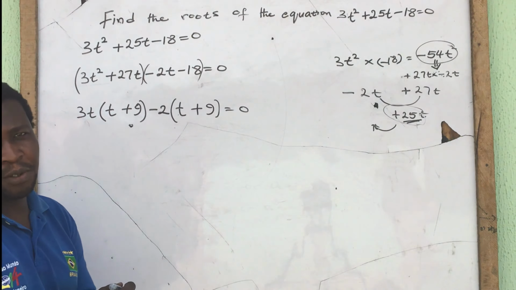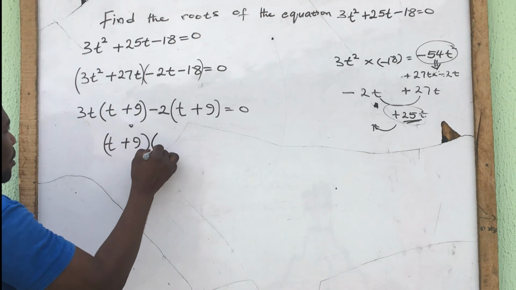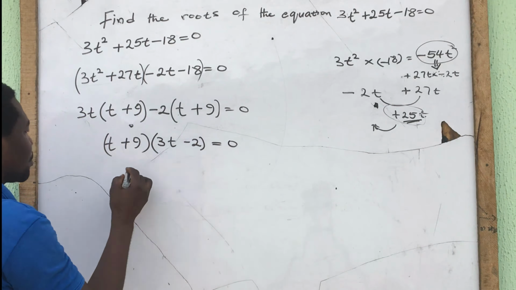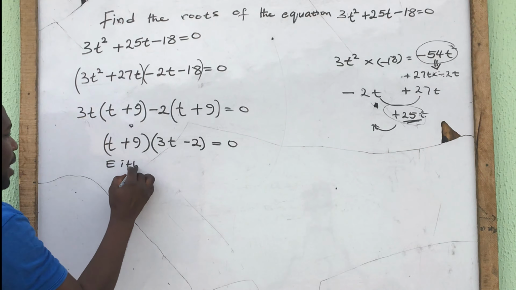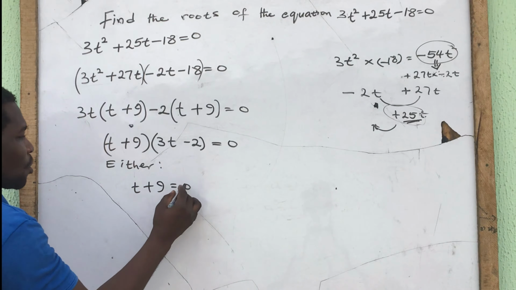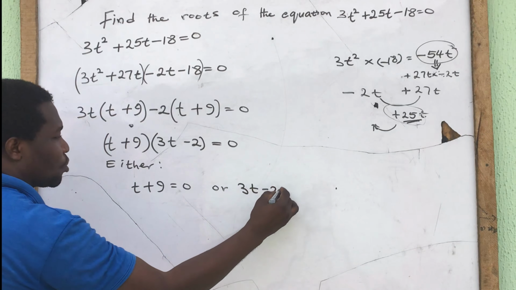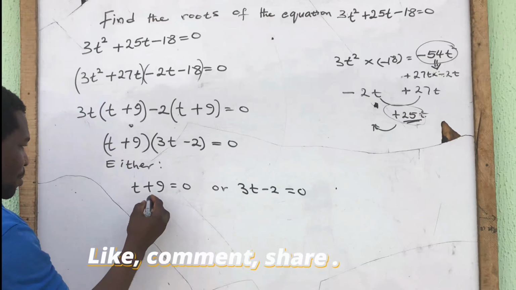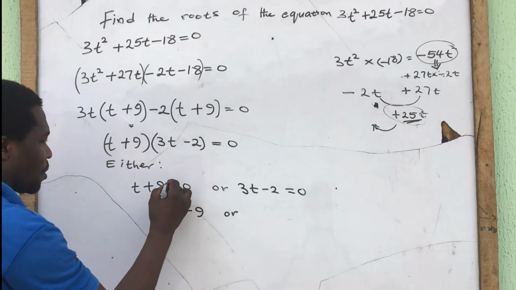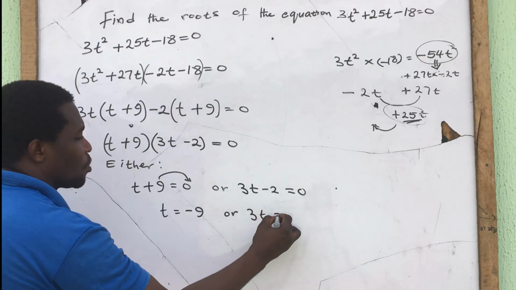T plus 9 is a common factor. So therefore t plus 9, then what remains is 3t minus 2 equals 0. Then either t plus 9 equals 0 or 3t minus 2 equals 0. So t equals minus 9, or when this one comes back here, 3t equals 2.